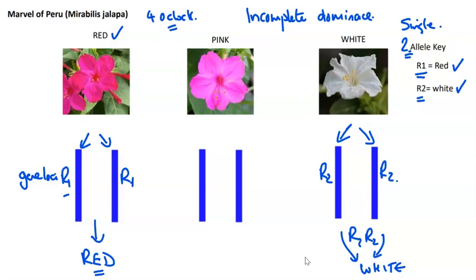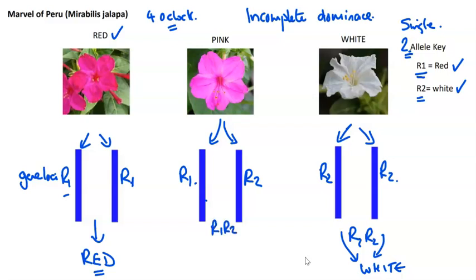Then, of course, we come to the middle example here, and this is the genotype R1, R2. So we have essentially a heterozygote with this combination of alleles R1, R2 in that genotype.